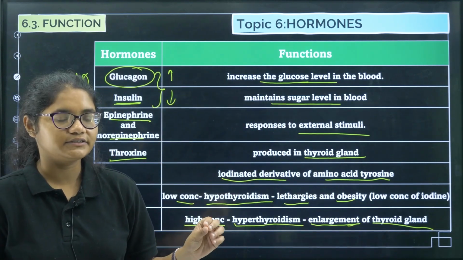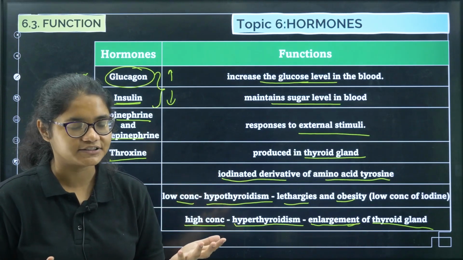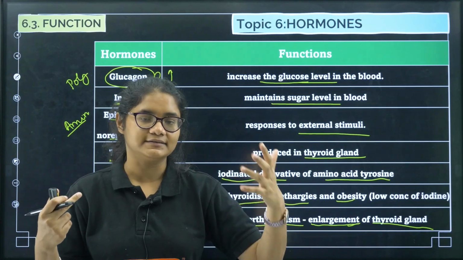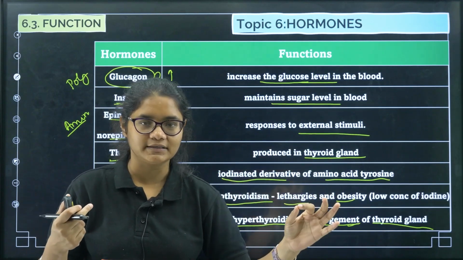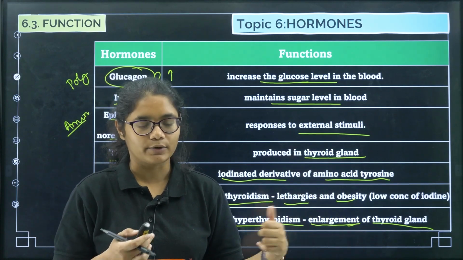So if low concentration is there, it is called hypothyroidism, and you feel obesity and lethargy. And if the thyroxine concentration is in excess, then we call it hyperthyroidism, and the consequence is again enlargement of the thyroid gland, okay.